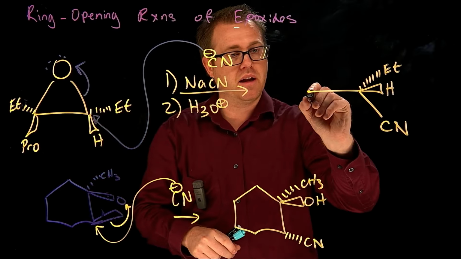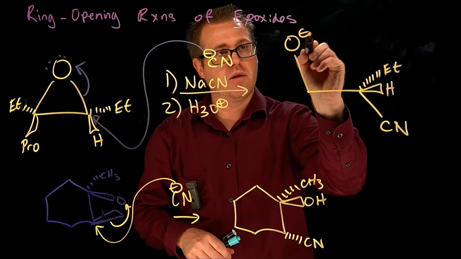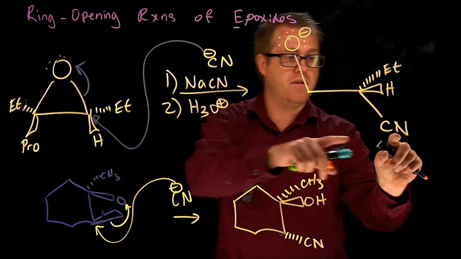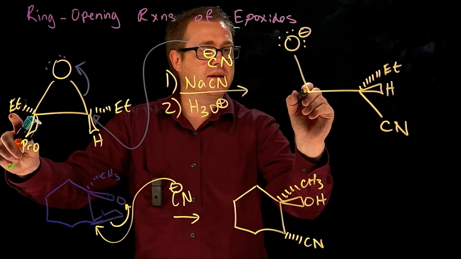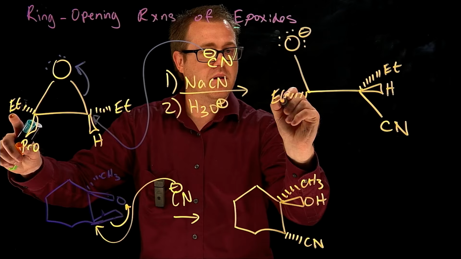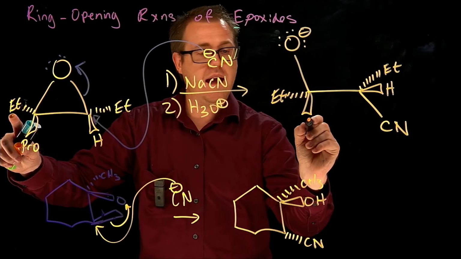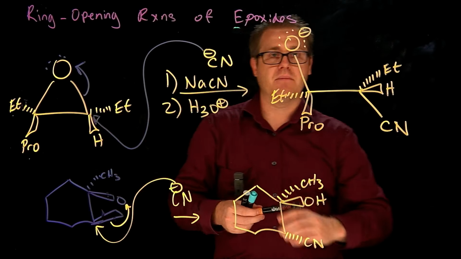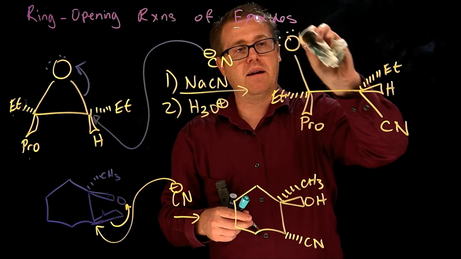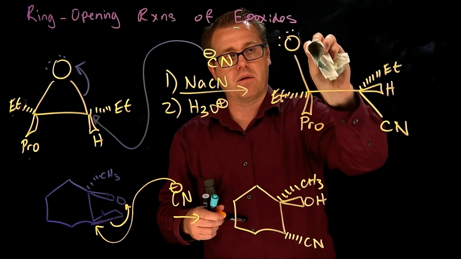The oxygen is going to be on the opposite side, right here, of the cyanide. But then these groups right here stay exactly the same: ethyl and propyl. And then step 2 would protonate that alkoxide to get us our alcohol.